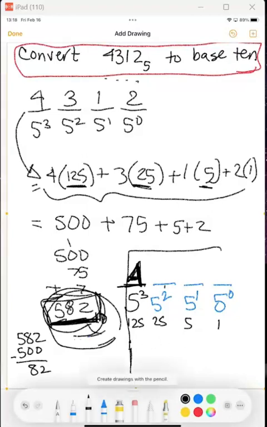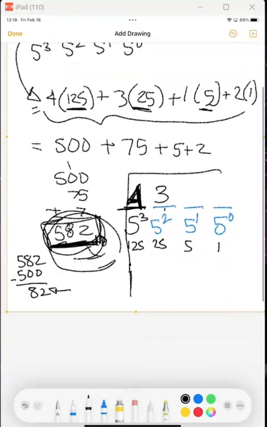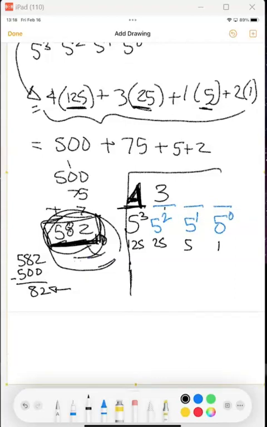I know that 3 25s go into 82, so I can put a 3 here. 3 of them is 75, so I'm accounting for 75.